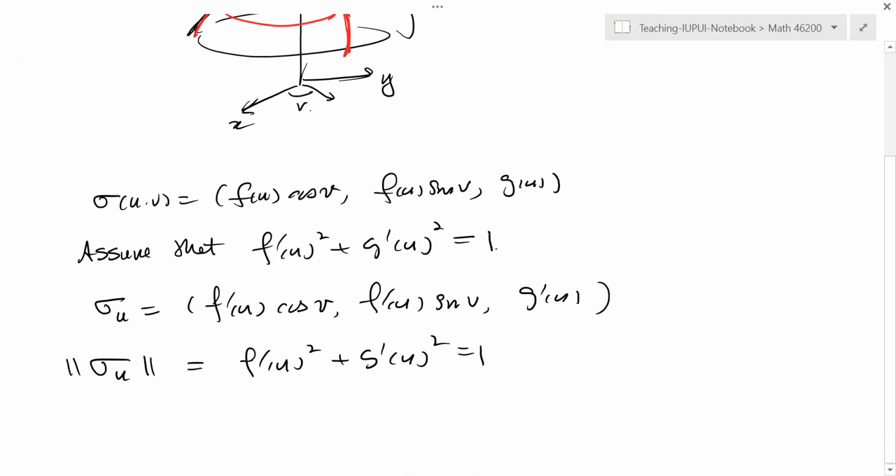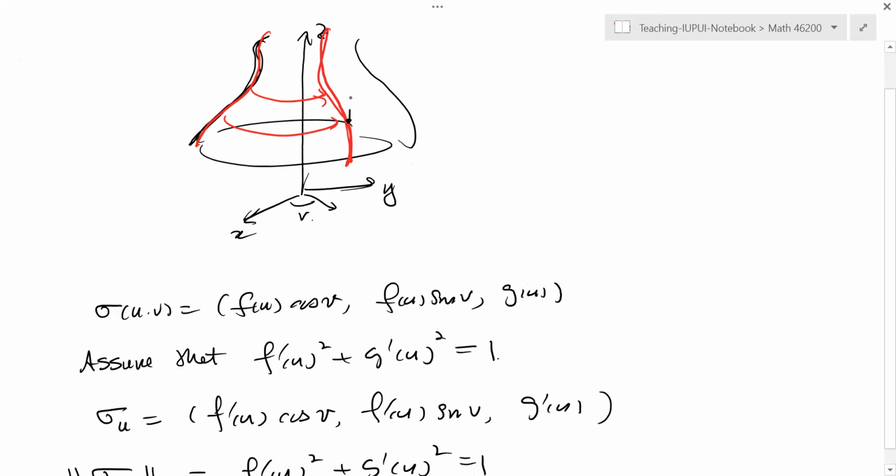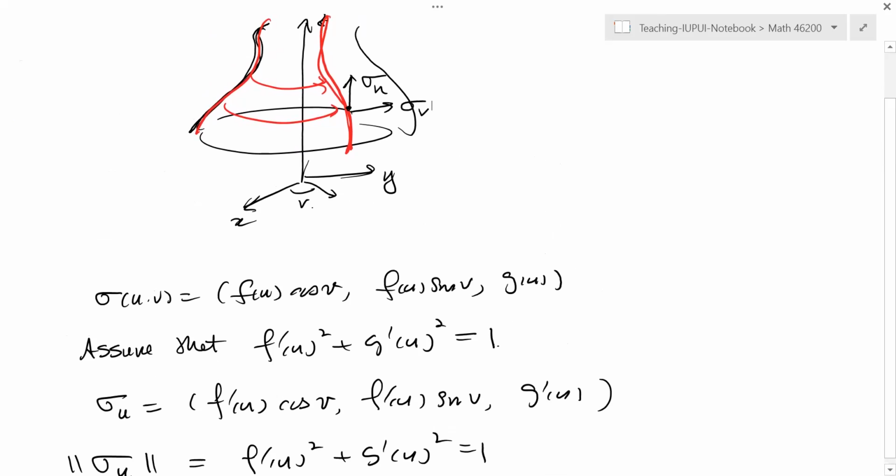So sigma u is a tangent vector to this meridian, and sigma v is here. Now I want to look at sigma v. What is sigma v?